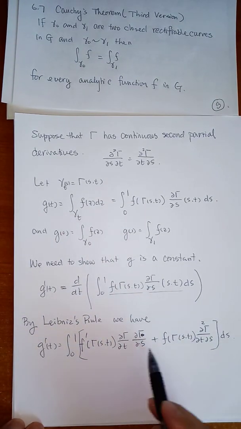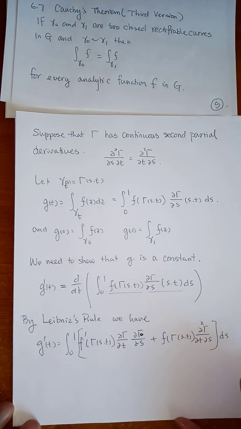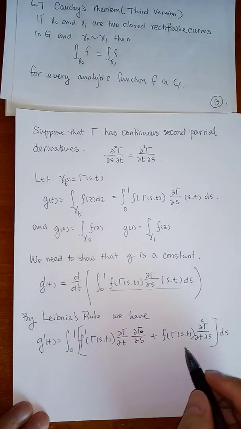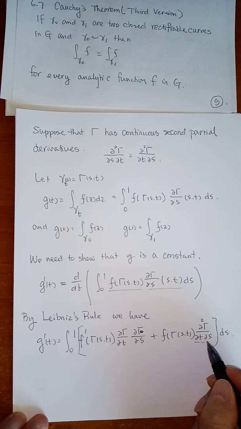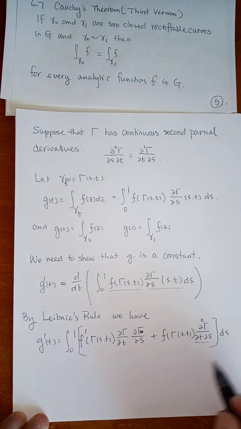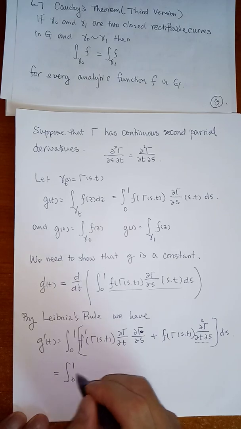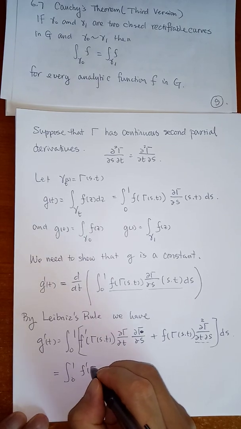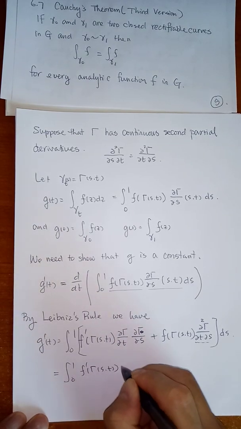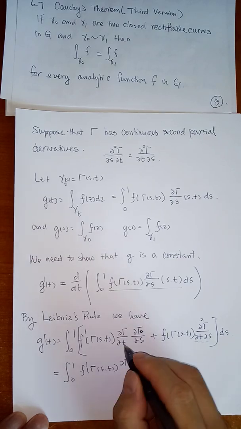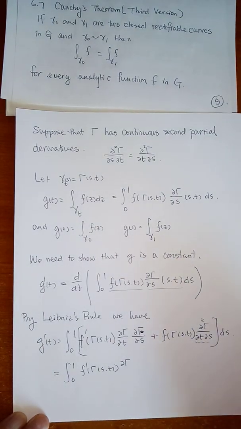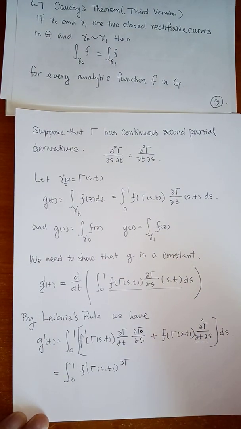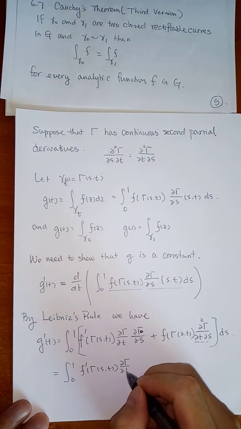Inside the differentiation is a product and the chain rule. And then for this part, we're going to use the property that partial s partial t and partial t partial s are the same thing. I keep this so far.